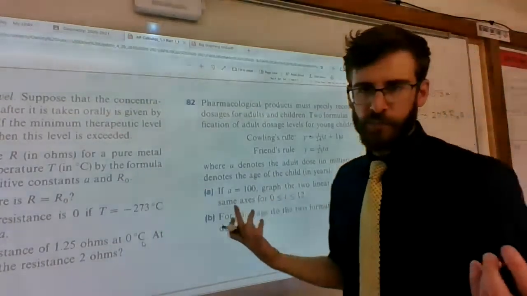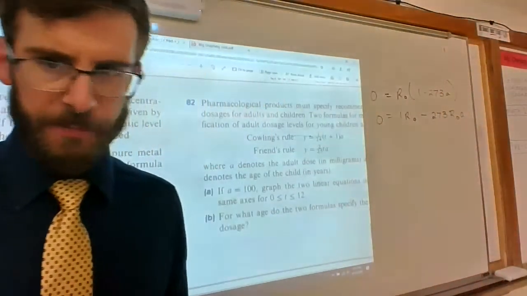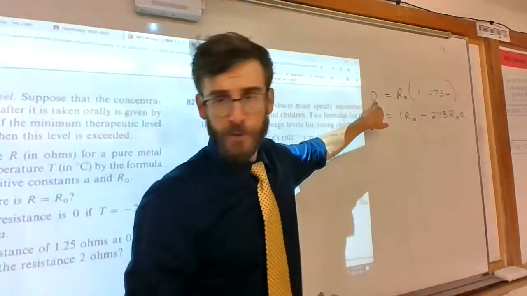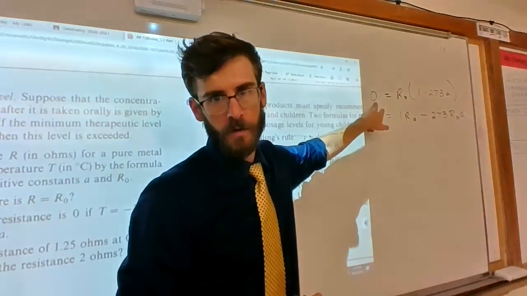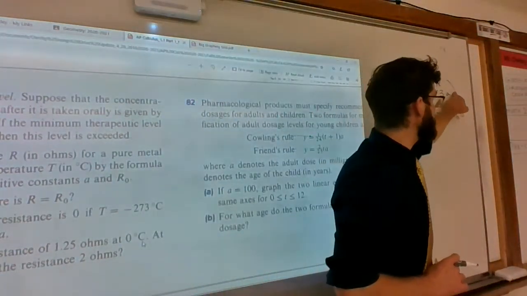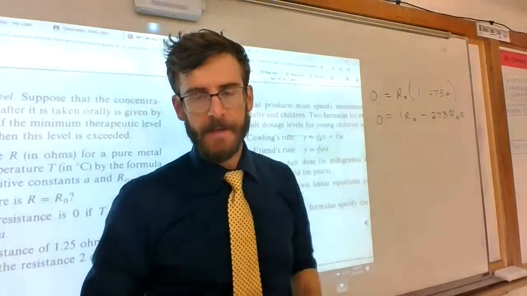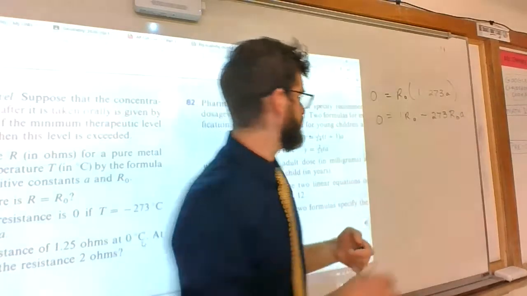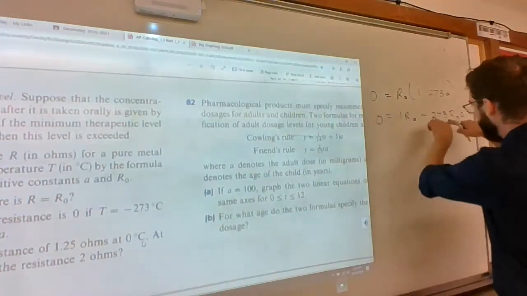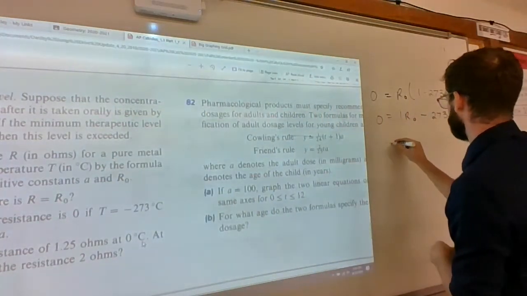So this is what we get when we distribute everything out and we plug in the pieces we need to. Remember, capital R is 0. Capital T was negative 273. I just used the distributive property to get through it. Now I'm going to get those on opposite sides of the equation, which add this to both sides.